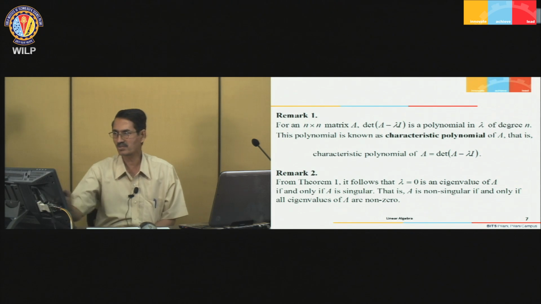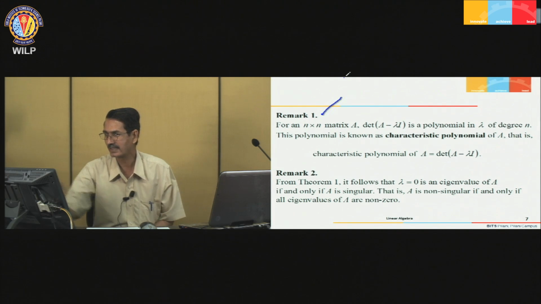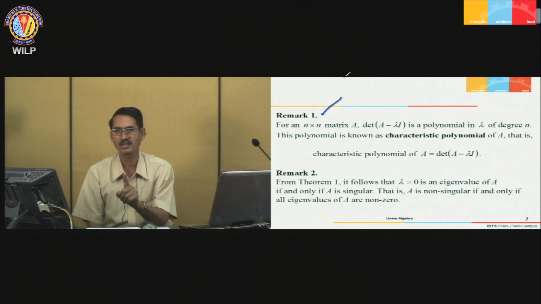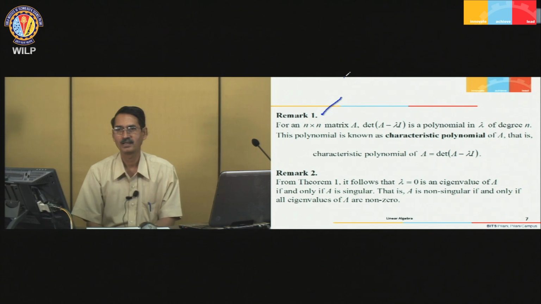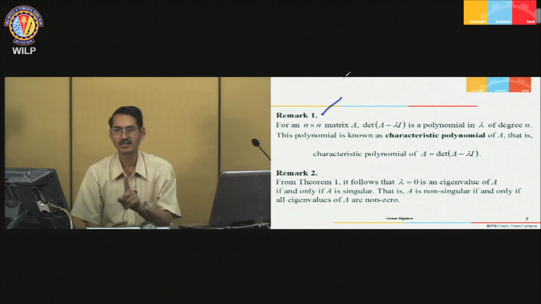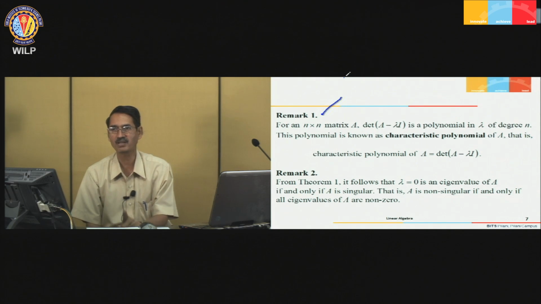As I have told you, in this first remark I have already discussed, if A is a square matrix of order n by n, and we wish to find the eigenvalues of this matrix A, then first find the determinant of A minus lambda I and make it equal to 0.